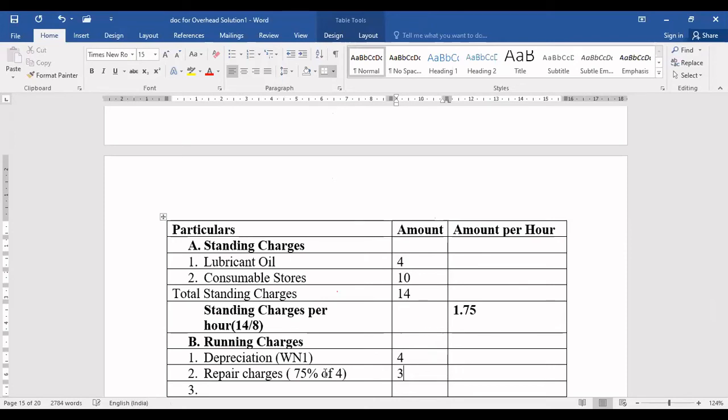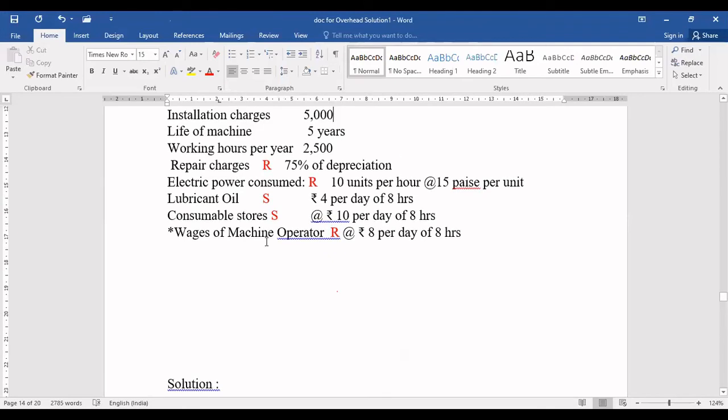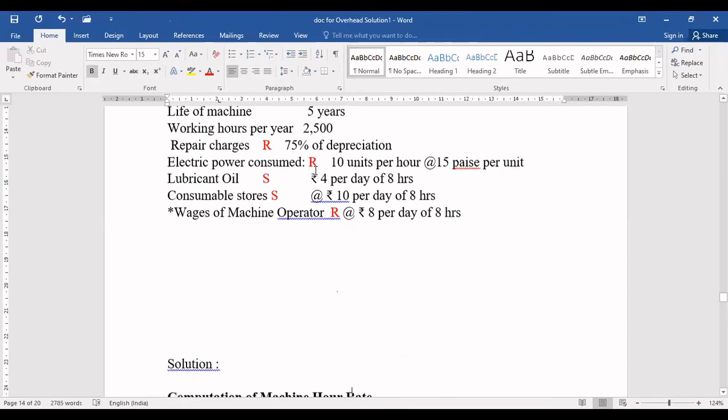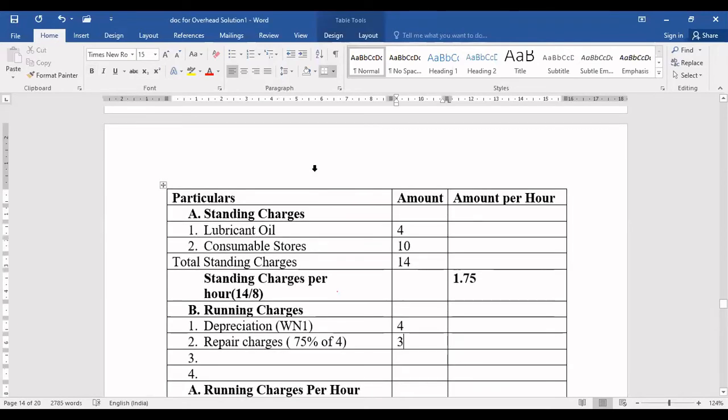Okay. Now any other running charge we have? Yes, sir. Electric power consumed. So it is power. Come on, tell me, what is the information for power?